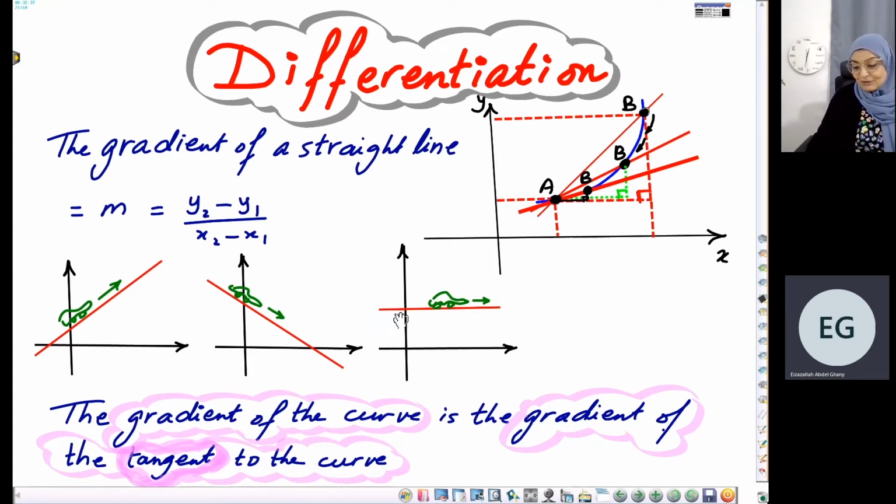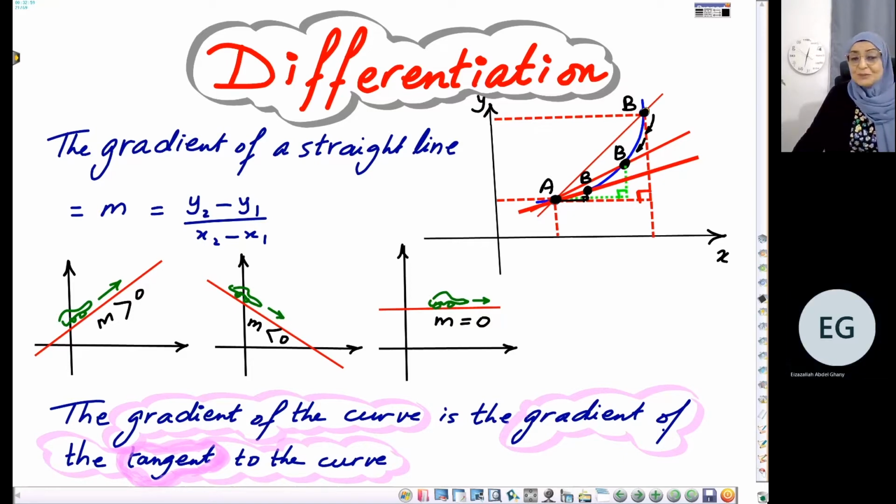It is a horizontal line, so it has neither positive nor negative gradient. Going up, positive gradient. Going down, negative gradient. Horizontal gradient is 0.